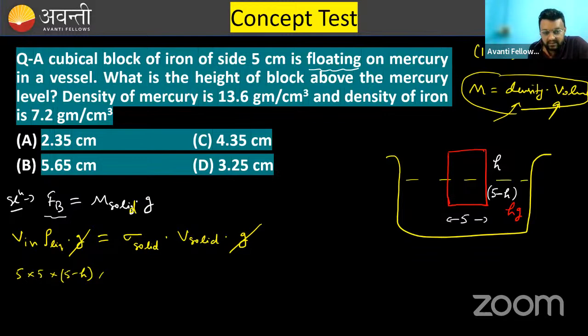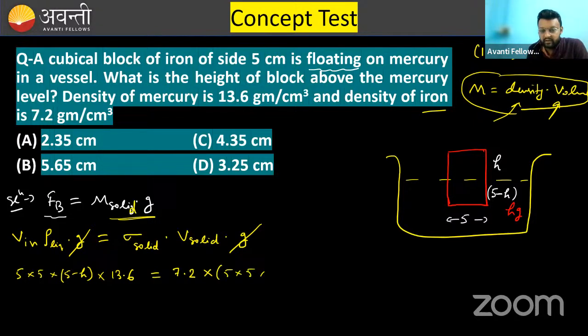I am directly writing 13.6. This is equal to the density of the solid. The solid is iron, and the iron density is 7.2 gram per centimeter cube. So that is 7.2 into the volume of solid. The total volume of the solid is 5 into 5 into 5.